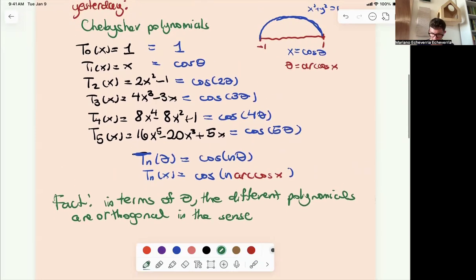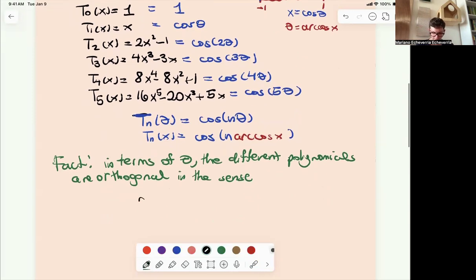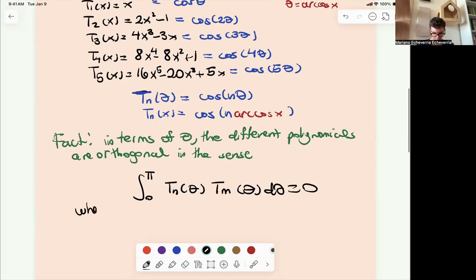Orthogonal in the sense that the angle theta runs from 0 to pi here because it's the top half of the circle. So what I'm saying is that if you were to integrate any two of these polynomials, the integral from 0 to pi of one of these polynomials times the other with respect to theta gives you 0 whenever n is different than m.